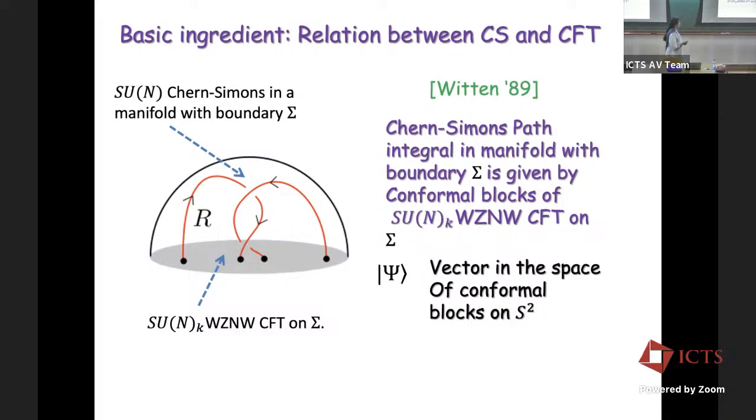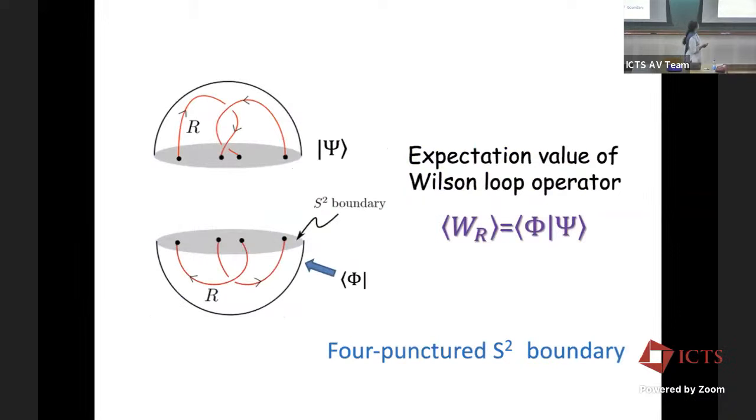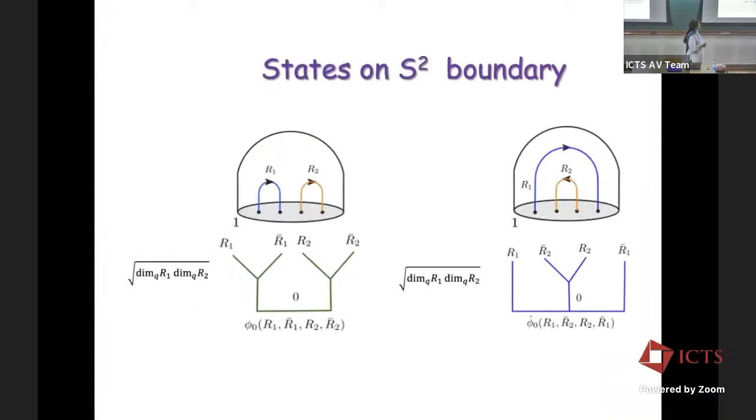That level is what I call K. And formally, any expectation value of a Wilson loop operator, because they are oppositely oriented boundaries, if one is a vector, then the other is a dual state vector. So formally, you can write it as an inner product. But what is psi and what is phi has to be determined, and for that, you need the basis states.